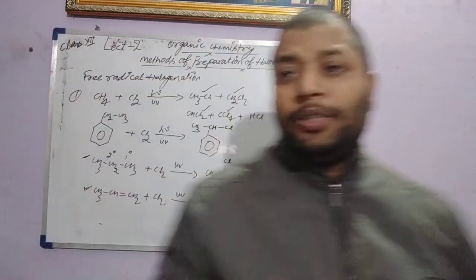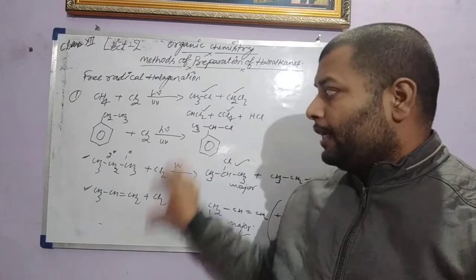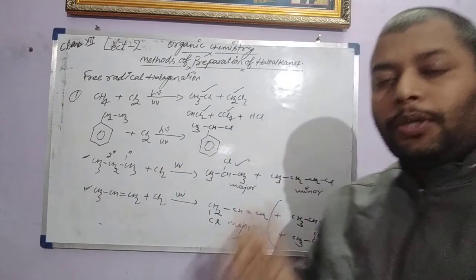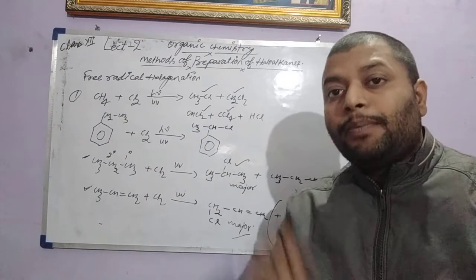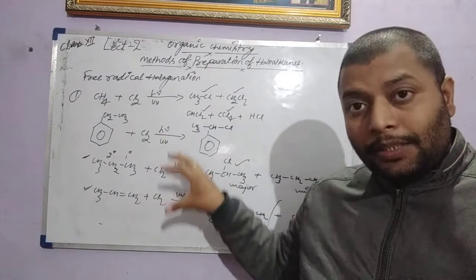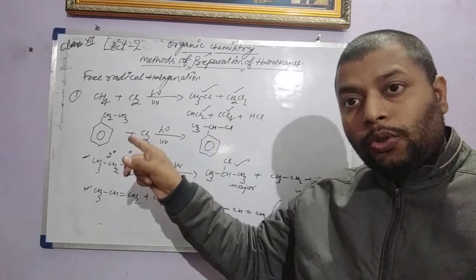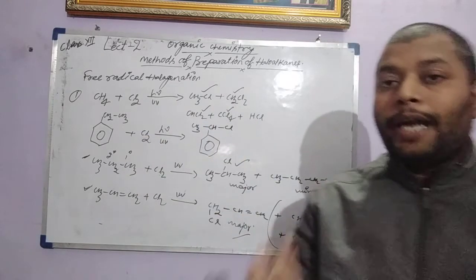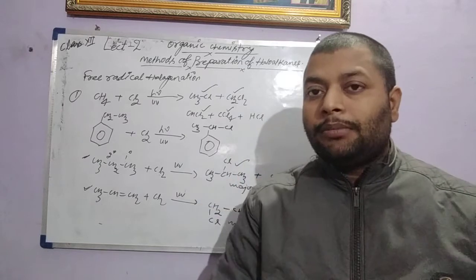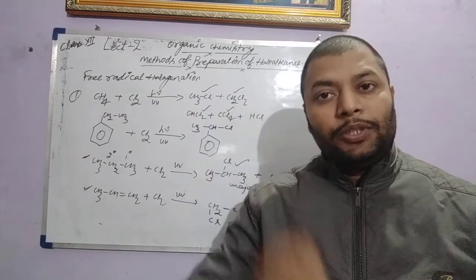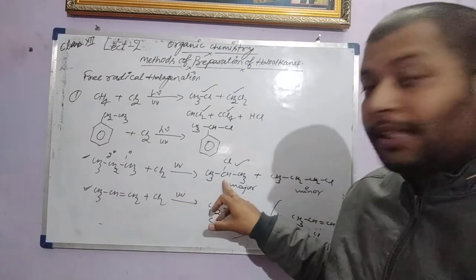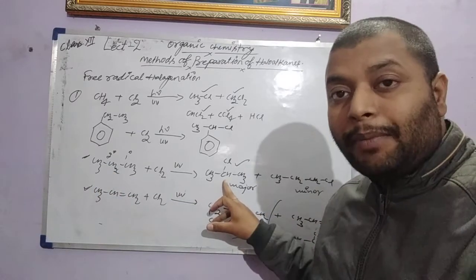So during free radical halogenation, you totally focus on the major product. If conjugation is there, just look at the conjugation position only. If conjugation is absent, look at the hyperconjugation position, meaning 2-degree or 3-degree positions, because 2-degree is more stable than primary.